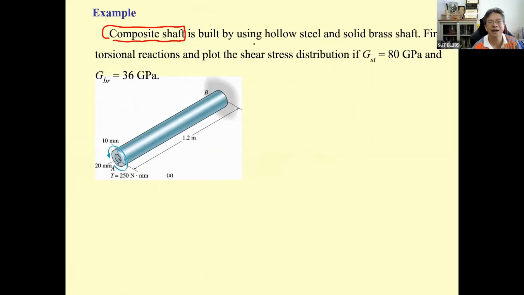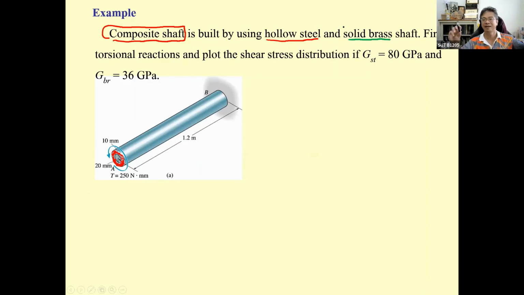This shaft is made hollow by the steel. This portion, the red portion, is the steel, and the inside is going to be the brass. So by doing this, there are two materials working together.